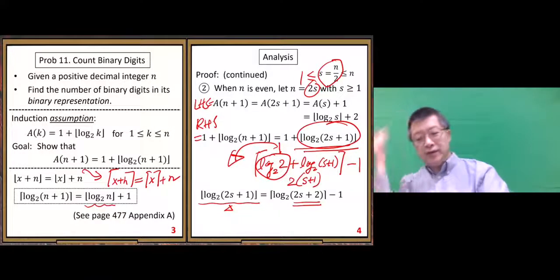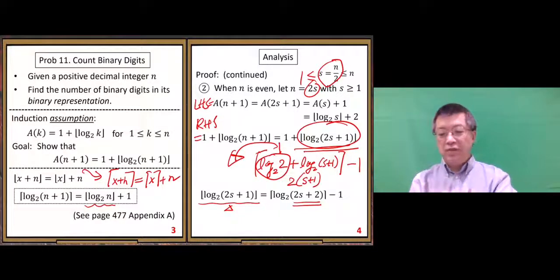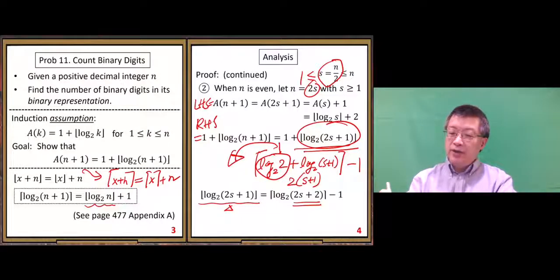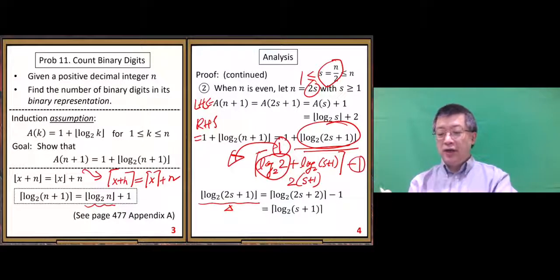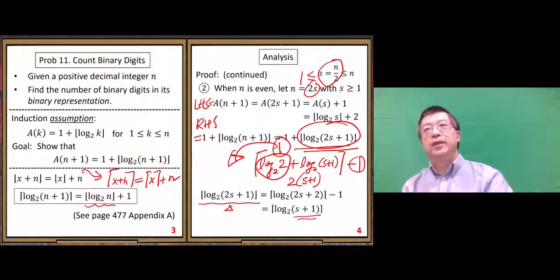Same reason, so here we can take that 1 out. The 1 and the minus 1 cancel out, then 1 is gone. The remaining part is the ceiling function of log base 2 of s plus 1. Hope you can handle the math like this.